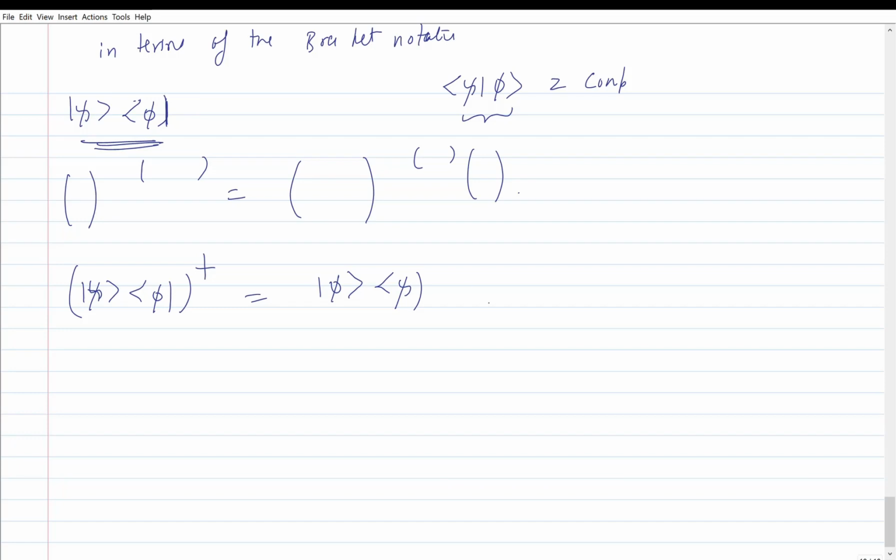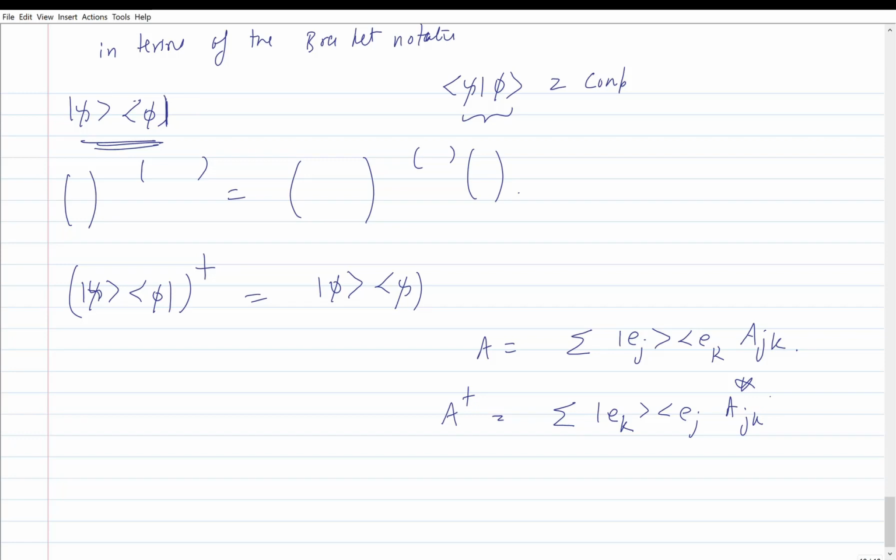So in other words, one more way to see this: the representation of A in terms of the matrix elements was jth row, kth column, the matrix element A_jk. A dagger was once again row and column swapped, and this becomes the complex conjugate over here.